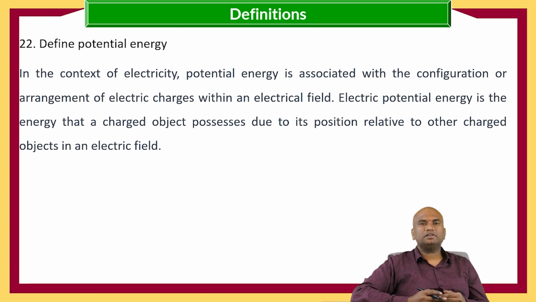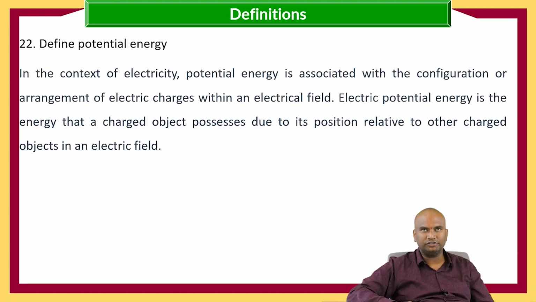Or we can also say potential energy is the energy of a particular unit charge. It is the energy needed to bring a unit positive charge from infinity to that particular point in an electric field, and this is called the potential energy.